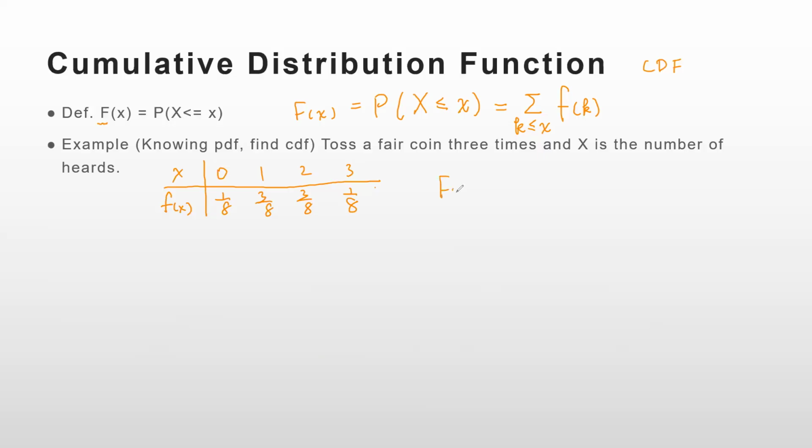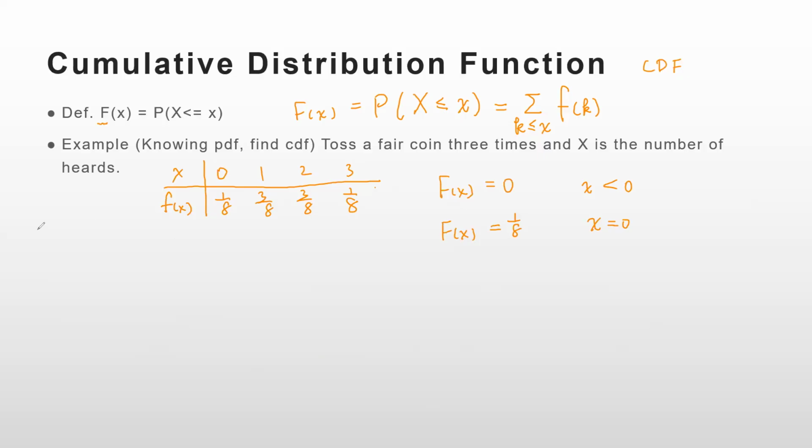The CDF would be 0 when x is strictly less than 0. And then F(x) equals 1/8 when x is greater than or equal to 0 and less than 1.